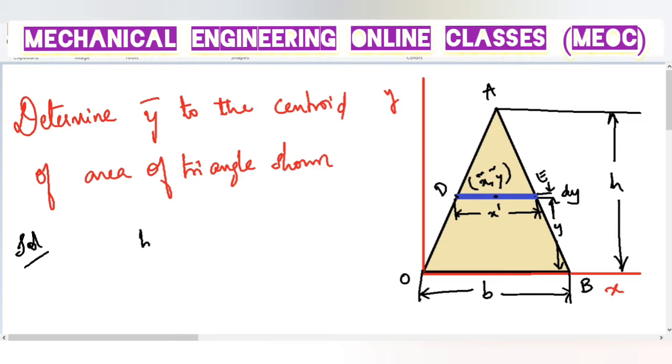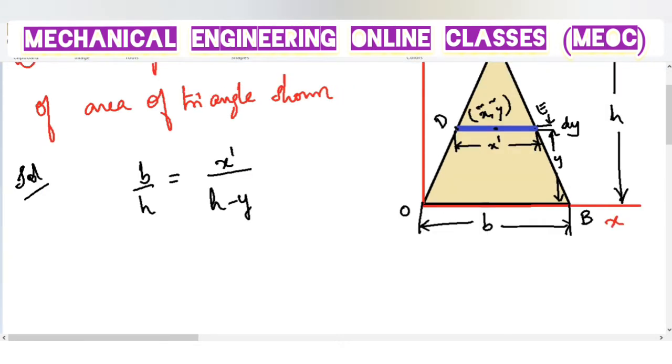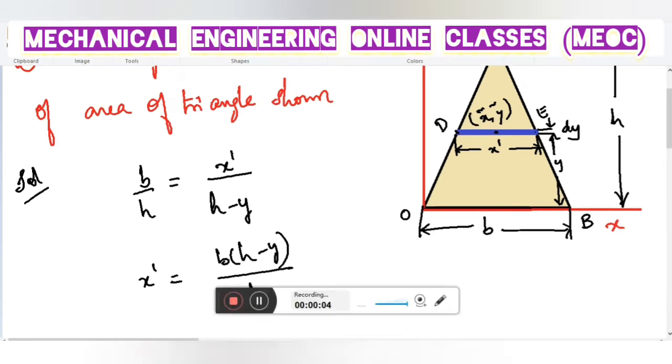So therefore, because they are similar, b by h can be written as x dash divided by the height of ADE, which is nothing but h minus y. So we can write x prime as b into h minus y, divided by h.